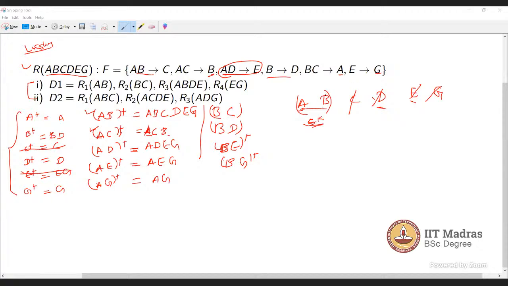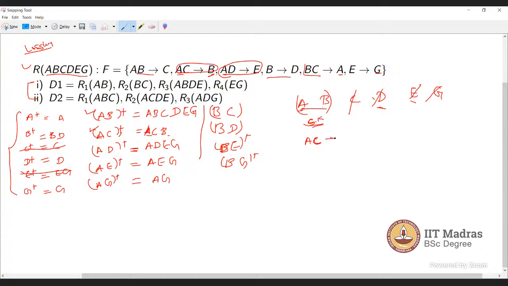You said something about replacing A and B. Instead of A, can you do C? Yes, sir. To find another candidate key, we will use this method. B is a prime attribute, so we will try to replace it using the second relation, AC to B. We'll try replacing B with C. Is AC able to find all the attributes?